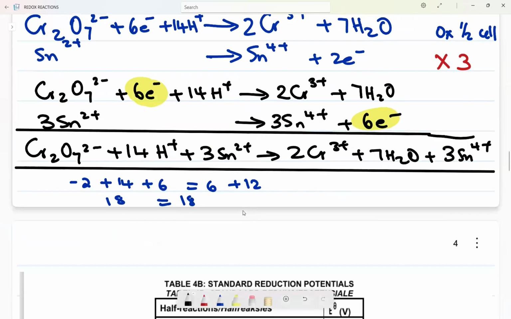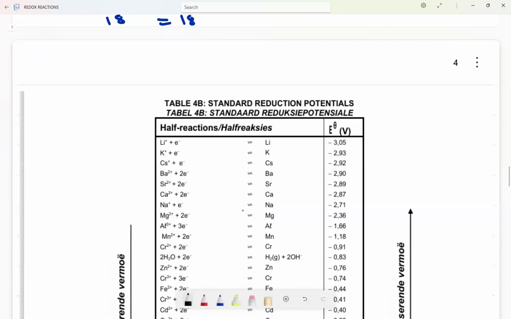And sometimes you might encounter something like this. Let's say you have X2+ plus 2 electrons giving you X, and then you have the other one, Y forming Y3+.